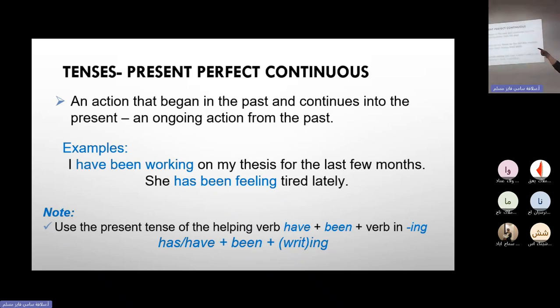Have is present, been is perfect, feeling is continuous. So note, use the present tense of the helping verb have, then been, then the verb with ing. Have been writing. Okay?